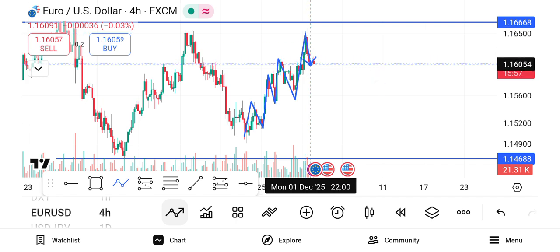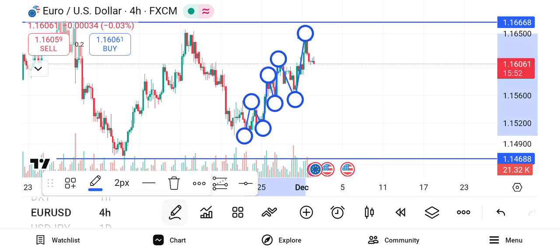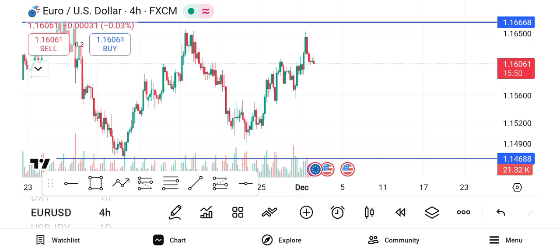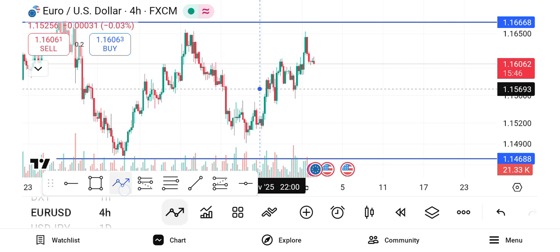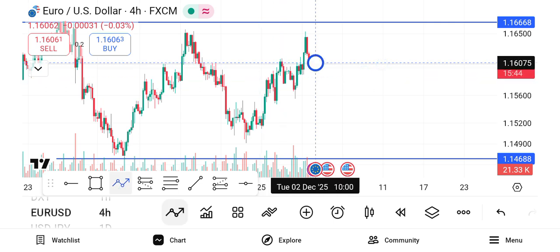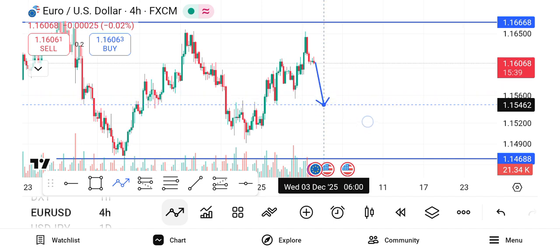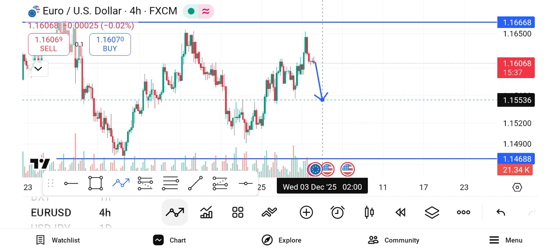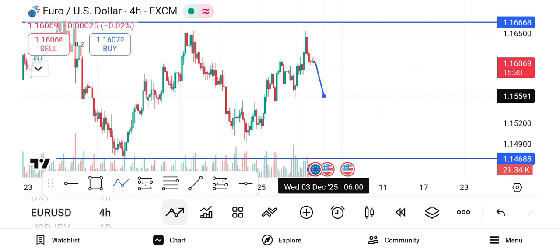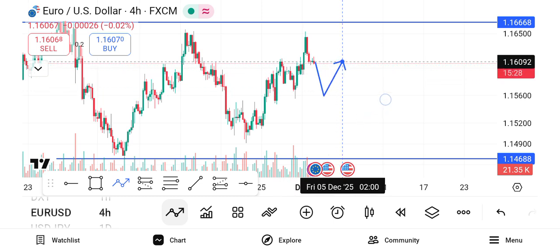So to enter this market and continue the trend, this is how I do it. If price is able to break this low here, it can't just keep moving down. It has to retrace a little bit. So price is going to retrace to this previous resistance over here.